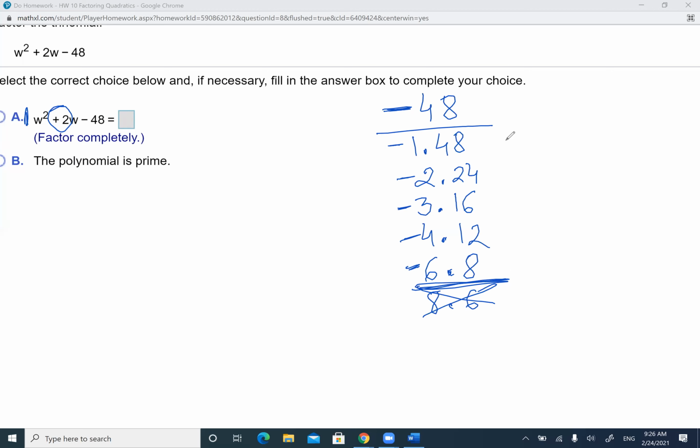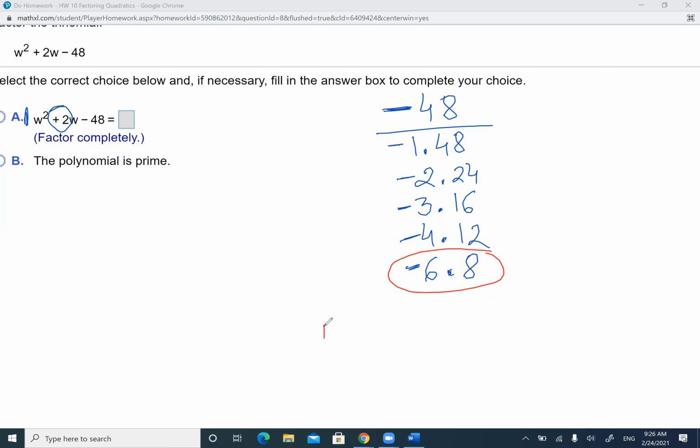Which one? These two, right? 8 minus 6 is 2. So these are my magic numbers. So what I need to do is just put the letter W next to the number.